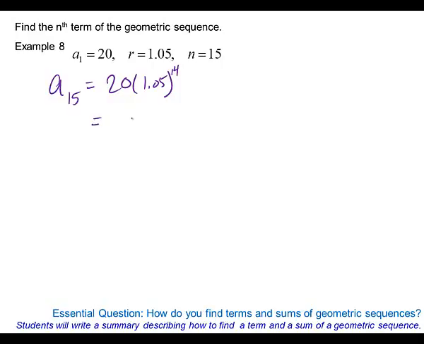All right, punch the buttons. What are we getting? 39.599. Everybody okay? 39.599? Yeah. Awesome. 2 lines. That was nice, wasn't it?